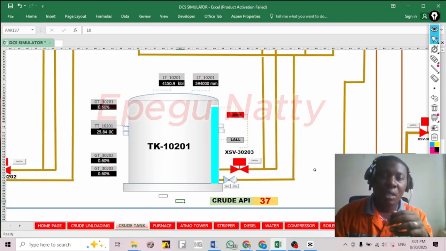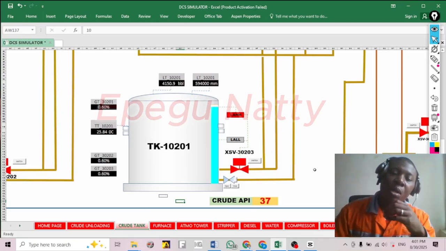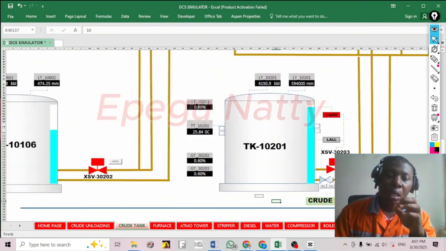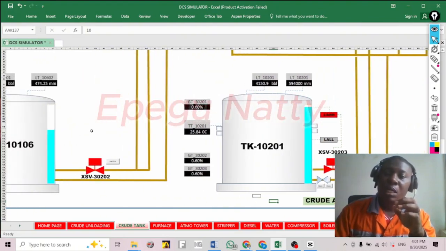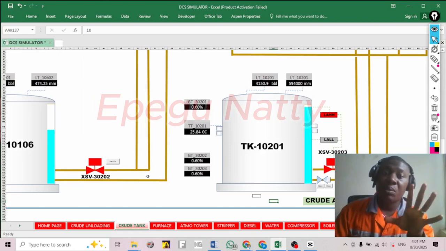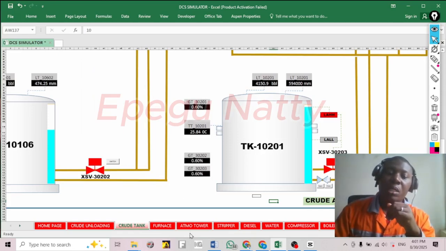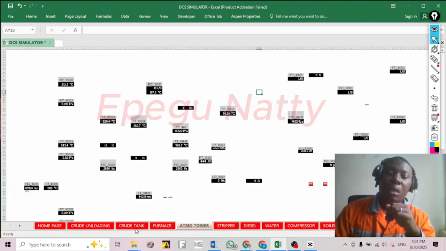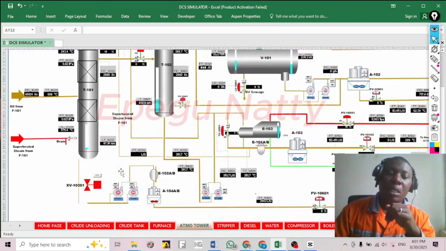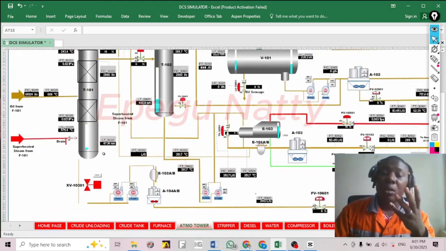Okay, so I will give an example on this scenario. When I was a control room operator, there was a particular night that all of a sudden one of the ESDs just tripped. The ESD tripped, and then the level of the tower started building up.